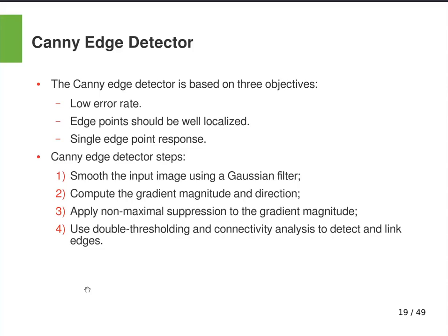Then we compute the gradient magnitude and direction of the image. On the third step, we apply non-maximal suppression to the gradient magnitude. And finally, we use a double thresholding approach and also connectivity analysis to detect and link edges.